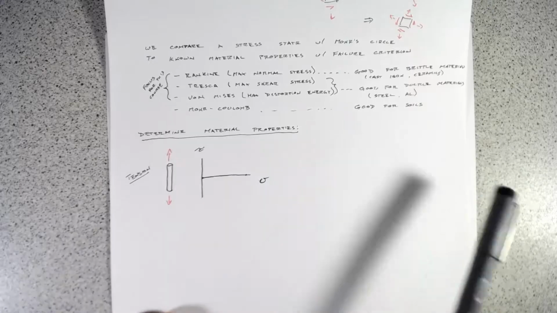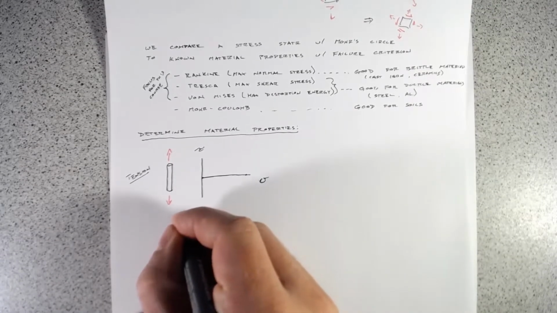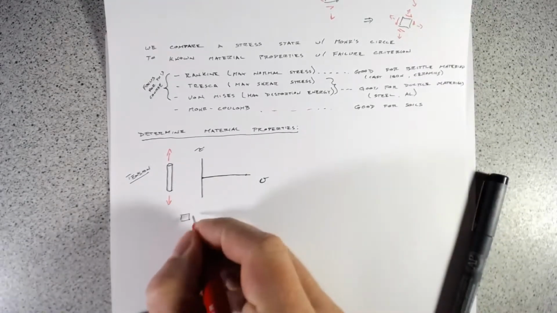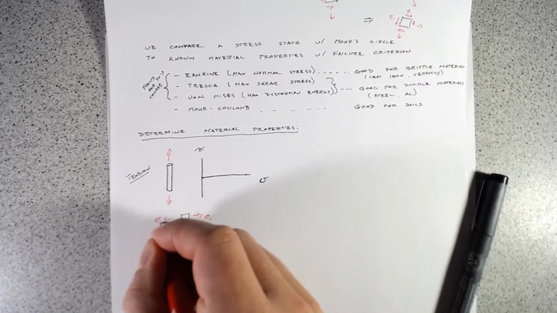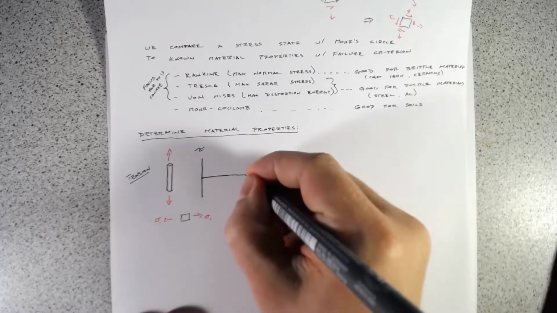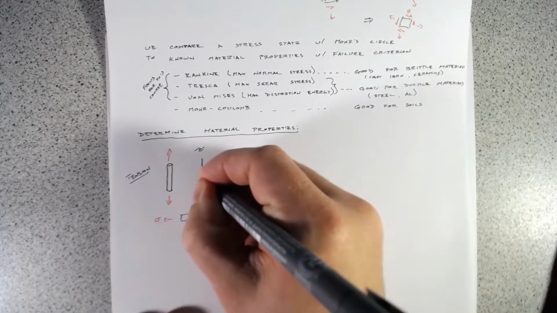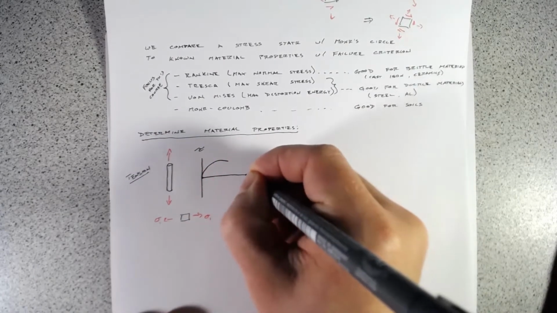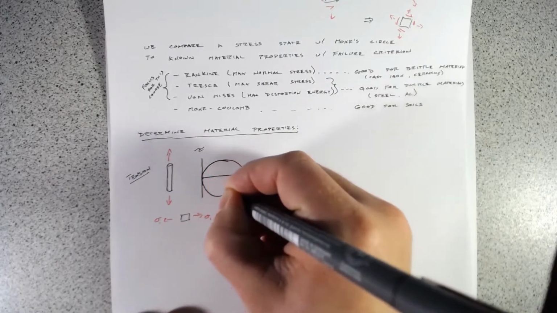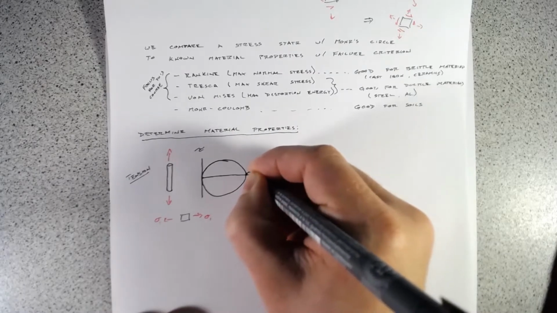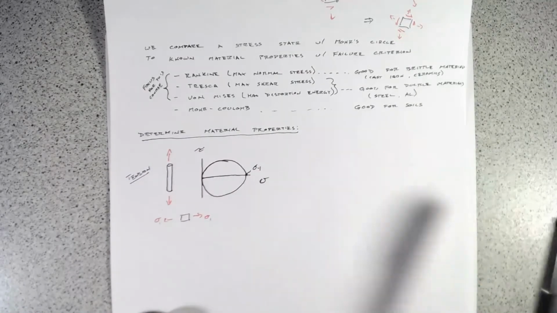And if we think about our stress state, we only have stress in one direction, and it's really this sigma 1, and so our Mohr circle looks like sigma 1 here, and we're going to pull that until sigma 1 equals our yield.